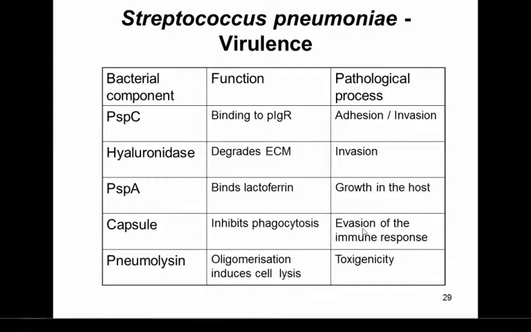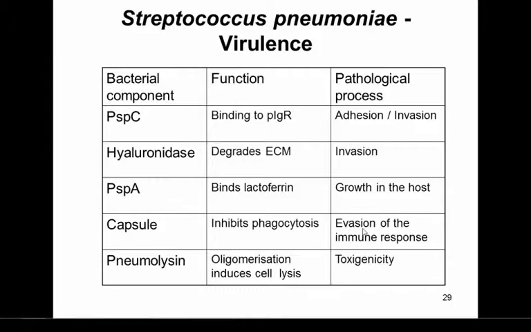So what Streptococcus pneumoniae does is it binds to the poly-Ig receptor and uses it as a kind of molecular taxi to bring the bacterium across the epithelial layer and release it on the basal side. That's a very specific mechanism for traversing the epithelial cell barrier.